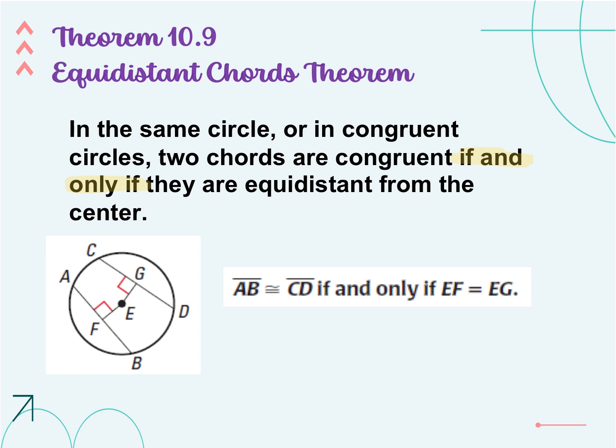So if these two little segments right here are congruent, then your chords are also congruent. So segment AB is congruent to segment CD if and only if EF is the same measure as EG.